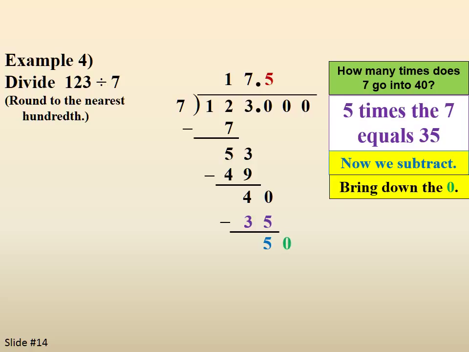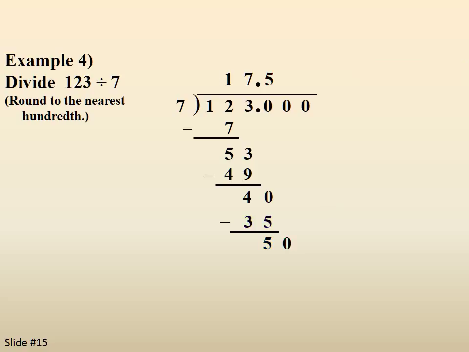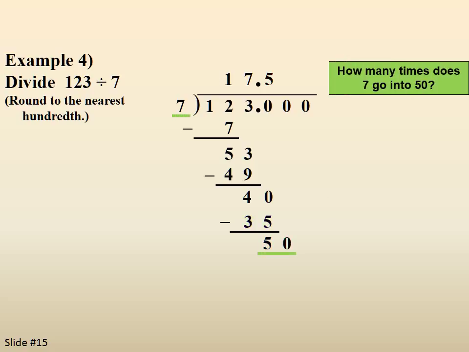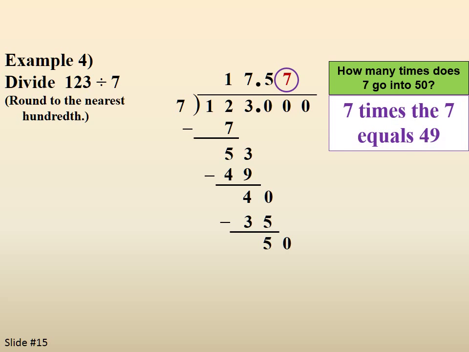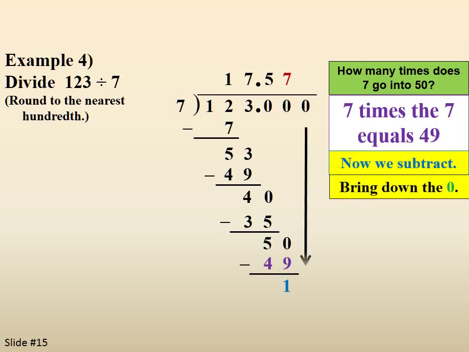So it becomes repetitive at this point. Seven into 50. 7 times 7 is 49. Subtract, bring down the next 0.